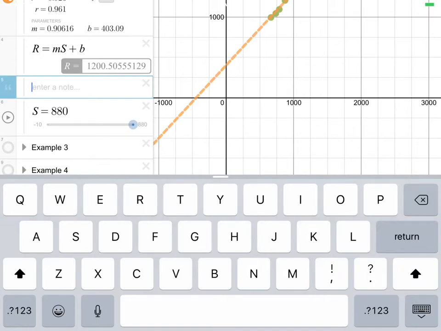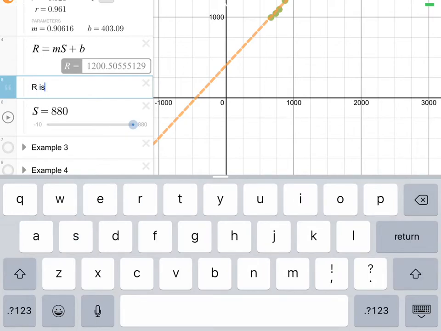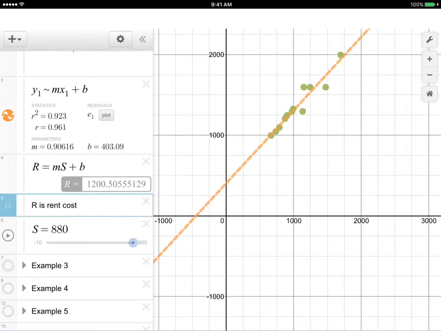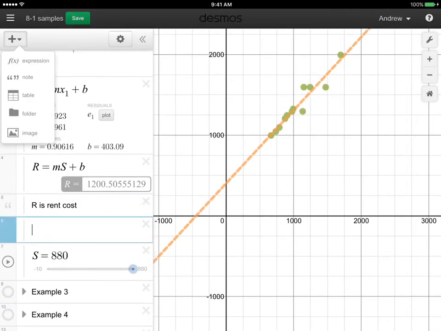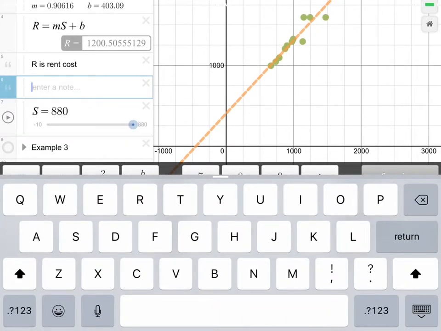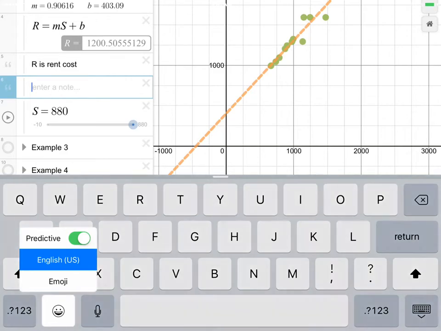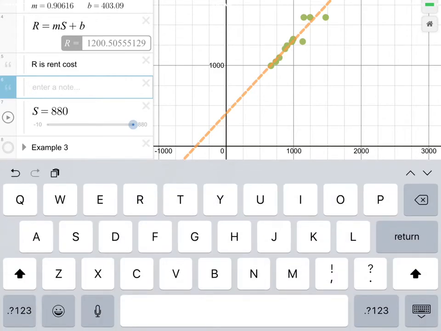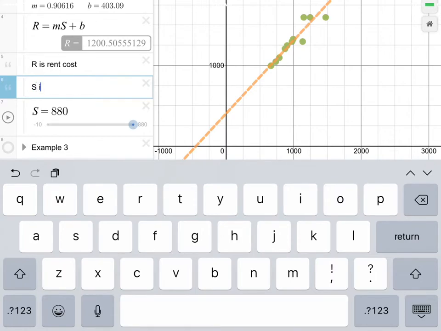In the note, I could say r is rent cost, and then I can make another note that reminds me that s is square feet.